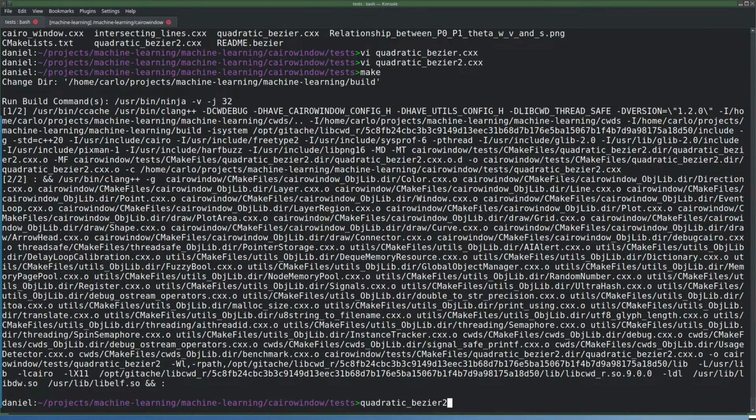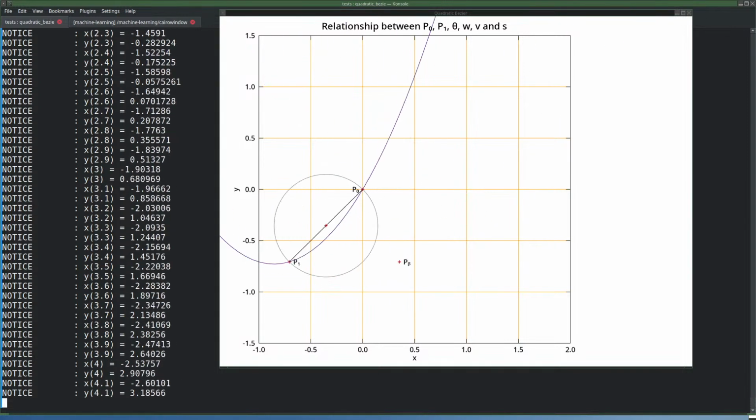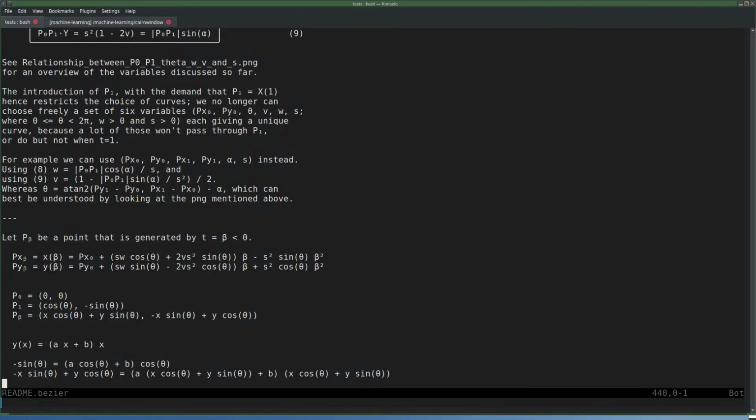Well, if this compiles, then it probably still works as before. Okay, we took the load of A.